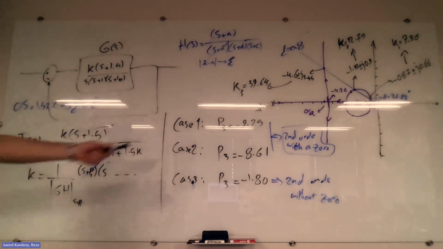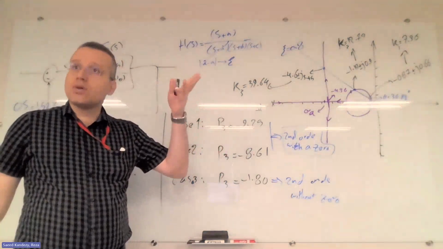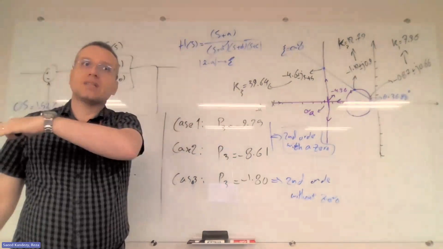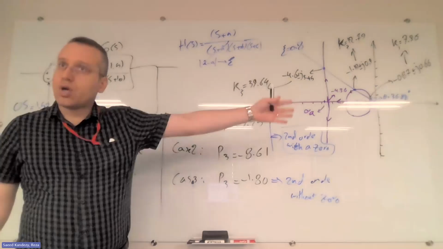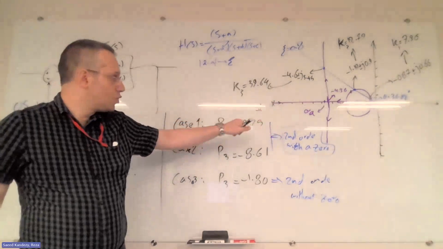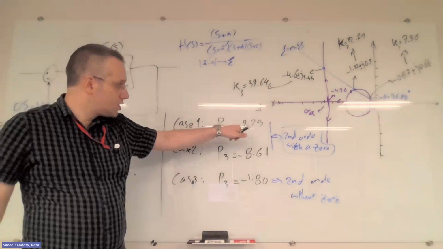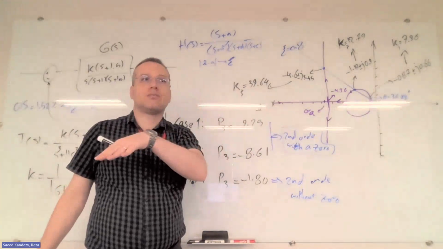Now, case one was relatively good because the third pole would die really fast compared to the other ones, right? So it would not dominate the system. But if we choose that, we also have a zero that would affect the system.